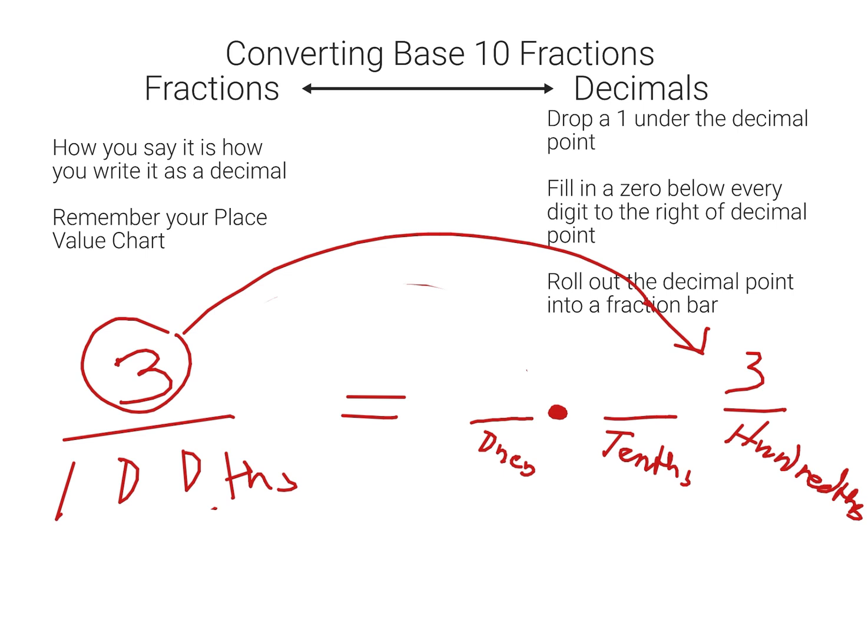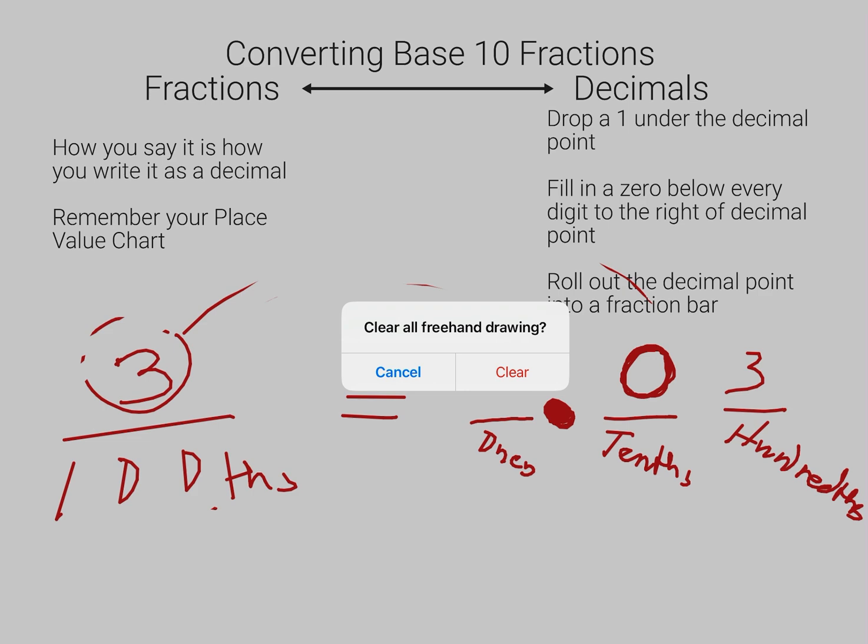Now, in this example, there is a blank space between the decimal point and that digit 3. That needs to be filled in with a 0. Anytime you have any spaces between the decimal point and the digit, they get filled in with a 0. So that's 0.03. Okay? This is how you say it, is how you write it, using the place value chart.